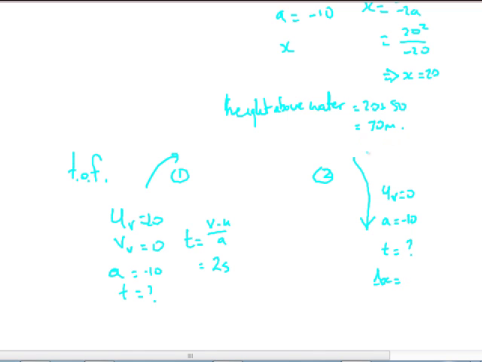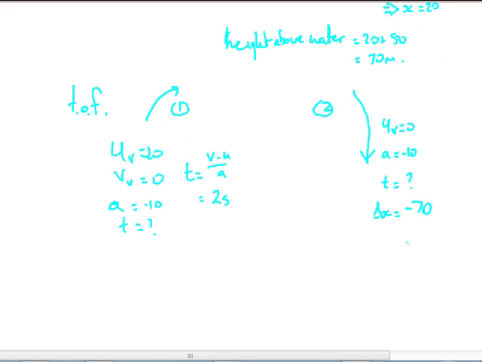Which we just did in that previous question, yep. So it's going to land 70 metres below here. So we've got to treat that as our new starting point. So negative 70 metres. So you can now say delta X equals UVT plus a half AT squared. That's 0.